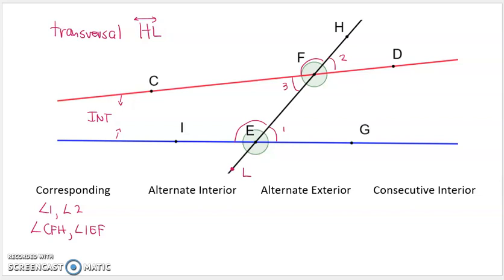They're within the two parallel lines. So angle 1 and angle 3 would be alternate interiors, or AIAs. You could also have angle IEF and angle EFD. So angle IEF and angle IED.